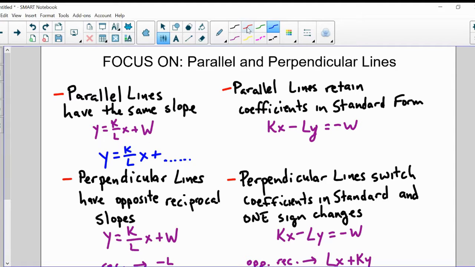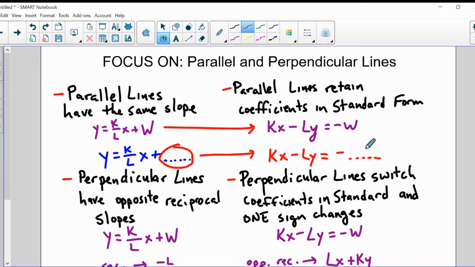So if I did a little bit of manipulating, what I would notice is that if I solved this for standard form, it would look like kx minus ly equals negative, and then some thing here.